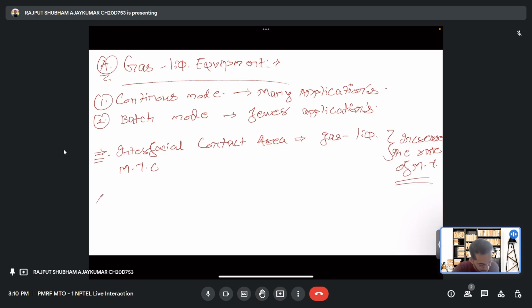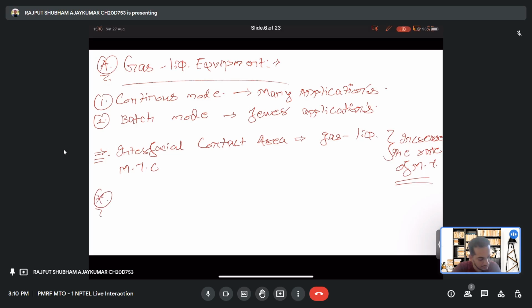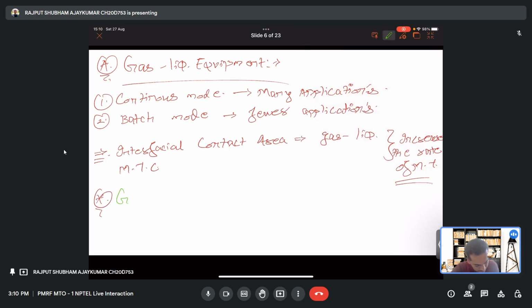So the first one is, I'll change the color here, gas disperse. So the gas is dispersed into the liquid. Like I said, there are two different things you can do while designing.